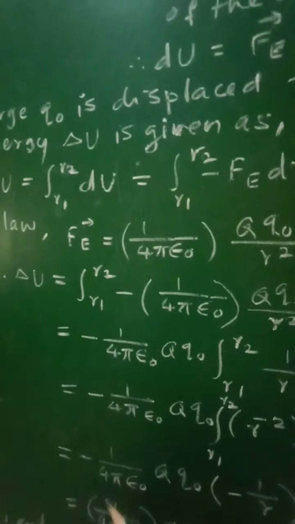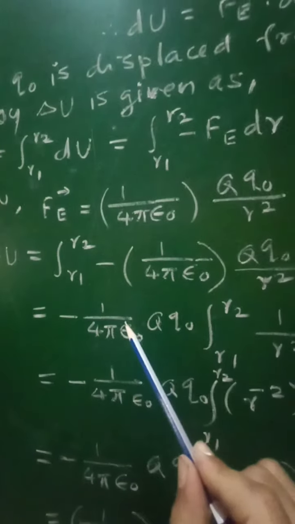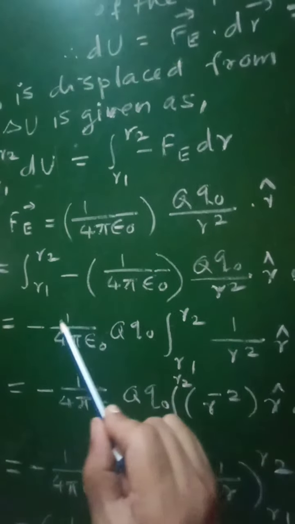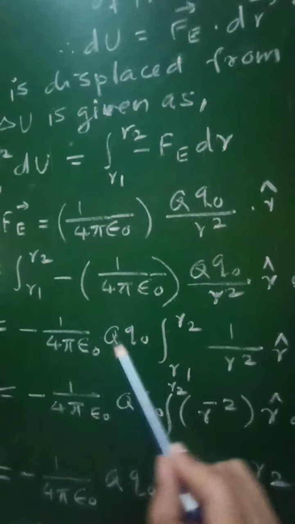Therefore delta U will be equal to minus 1 upon 4 pi epsilon 0 q0. As it is a constant factor, it is taken out of the integration.